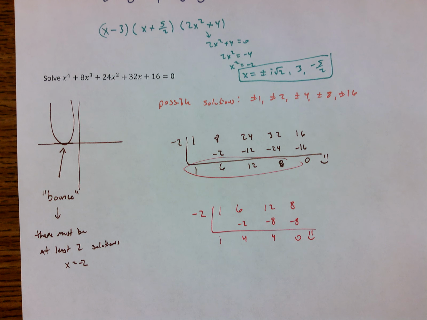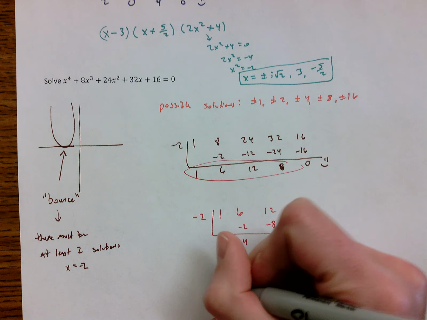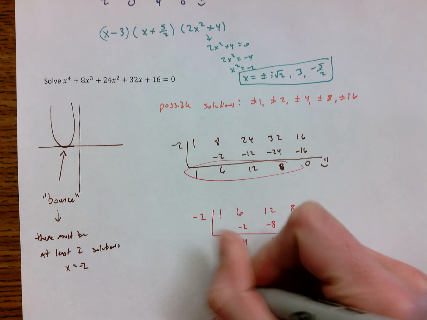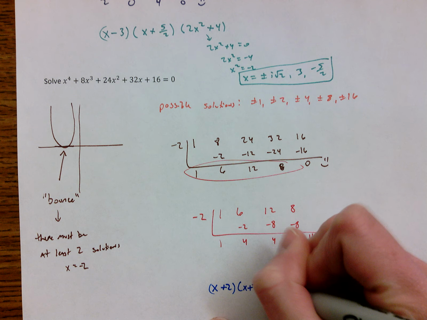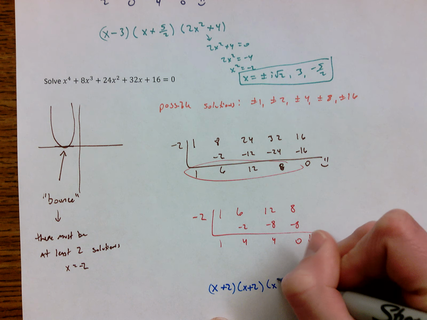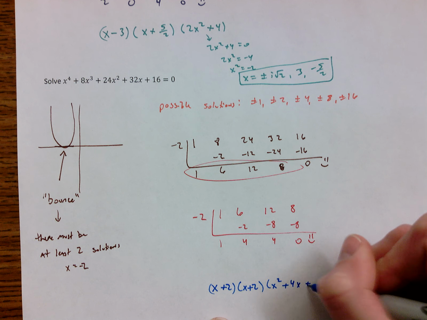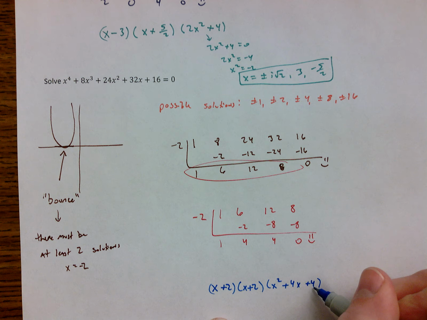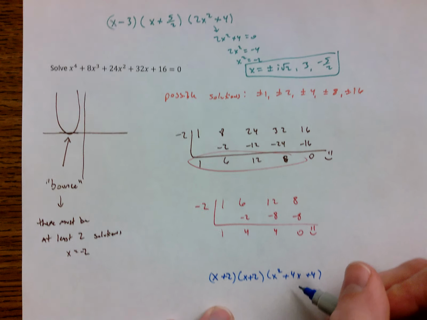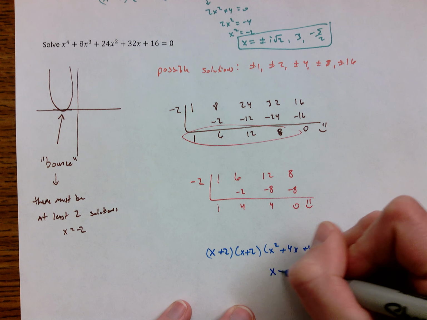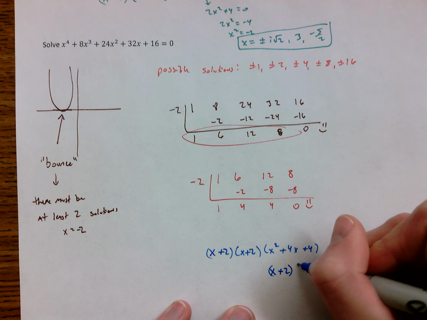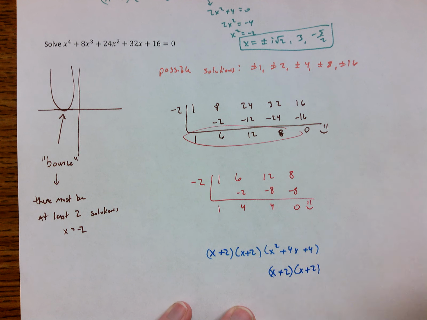Now I've got this down to a point where I am ready to handle it with my quadratics. So I've factored this to x plus 2, and then another x plus 2, and I'm left with x squared plus 4x plus 4. Are there 2 factors of 4 that add up to 4? Yeah, 2 and 2, right? So that's x plus 2 times x plus 2.